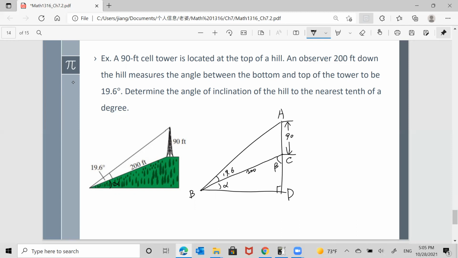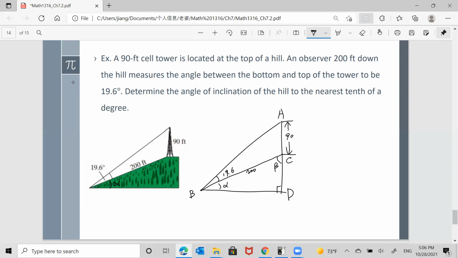So we try our best to find beta and then come to this right triangle to find alpha. Try this way. And I also have one hint for you: beta equals this angle plus this angle.